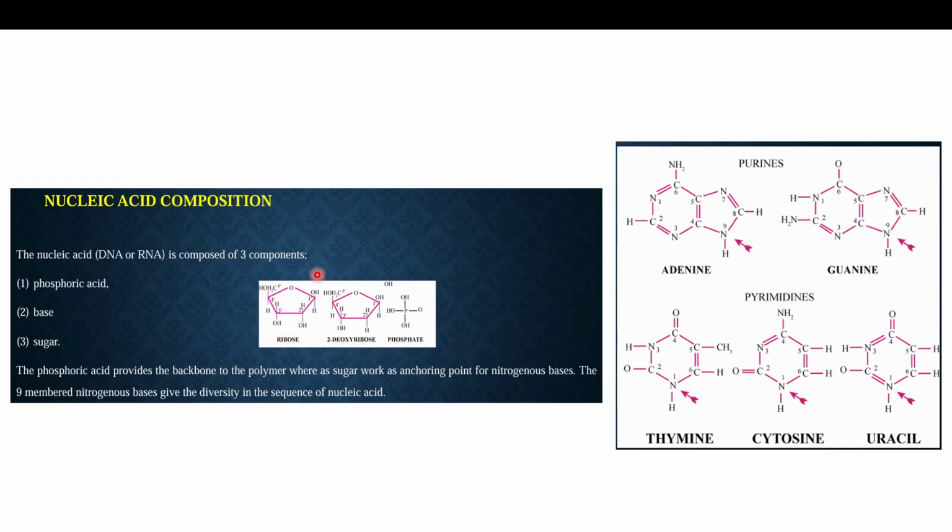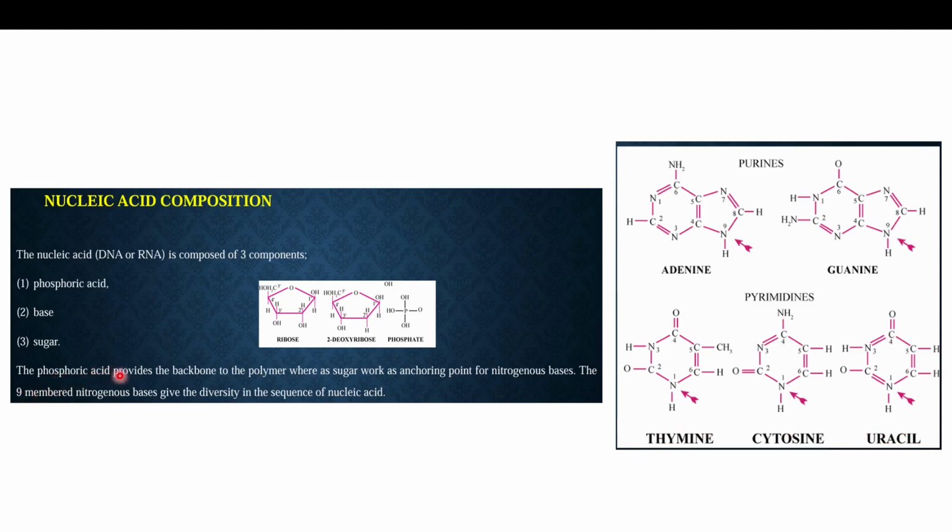Another component is the phosphate group or phosphoric acid, and another is the base. The bases can be either purines or pyrimidines. Purines are adenine and guanine, and pyrimidines are thymine, cytosine and uracil. Uracil is present in ribonucleic acids or RNA, and thymine in deoxyribonucleic acid or DNA.